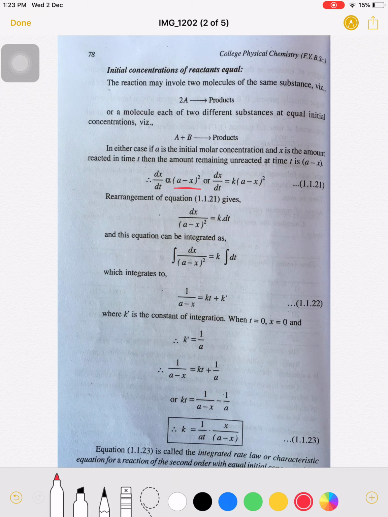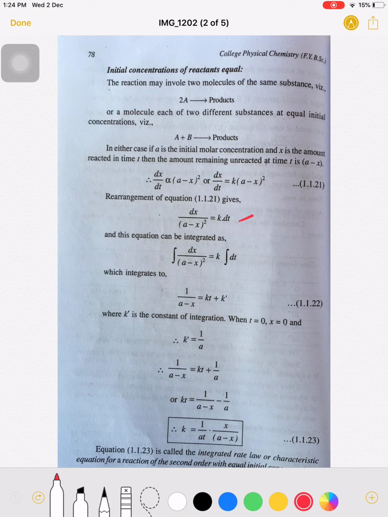So dx by dt is equal to k into (a minus x) squared. We rearrange this equation: dx upon (a minus x) squared is equal to k into dt.